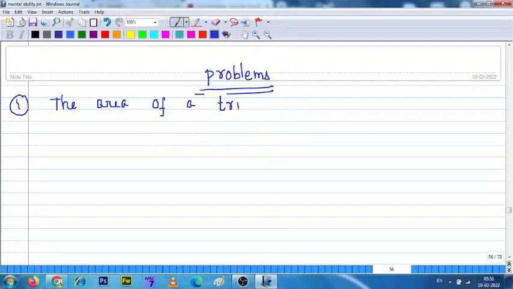Area of a triangle with the sides 14 centimeters, 48 centimeters and 50 centimeters.